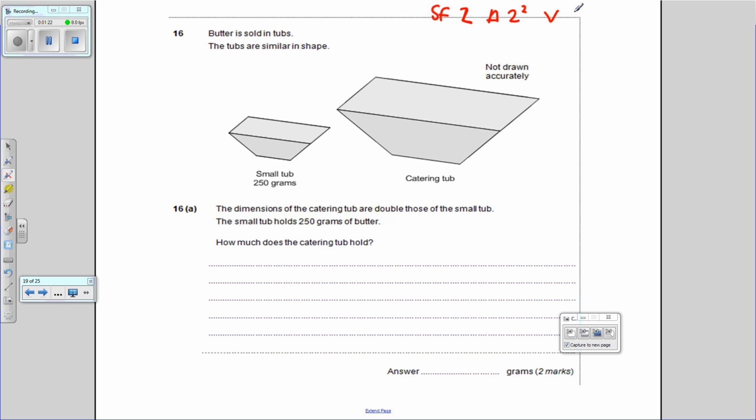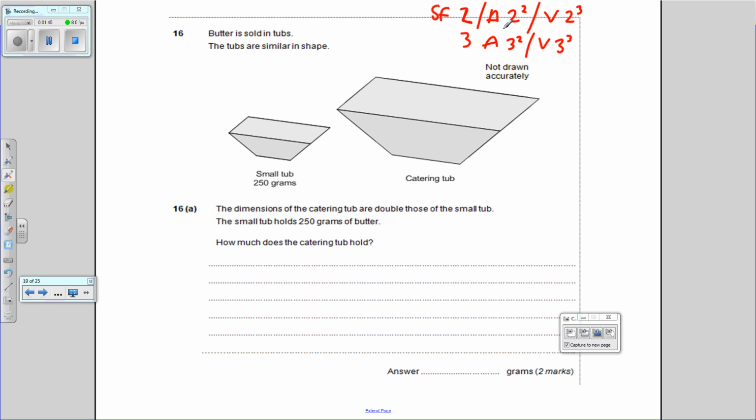The volume gets multiplied by 2 cubed, which is 8. If the scale factor is 3, the area gets times by 3 squared, which is 9. The volume gets multiplied by 3 cubed, so the volume would be 27 times bigger.